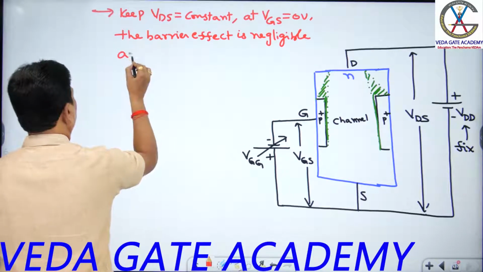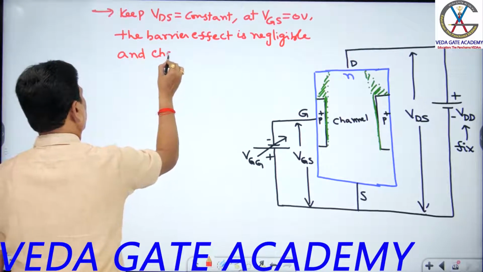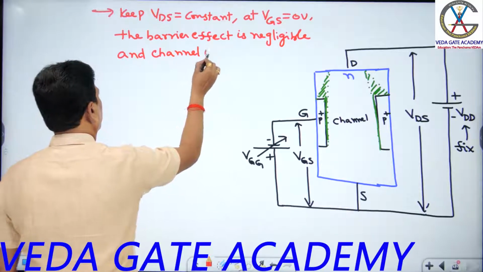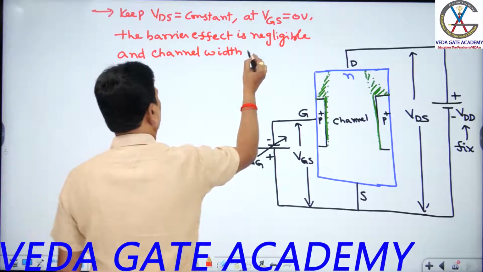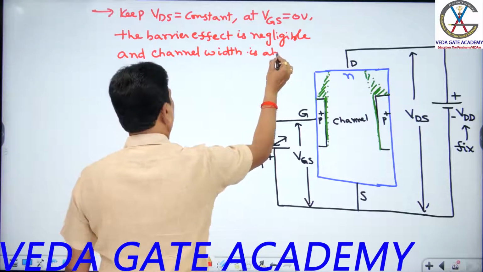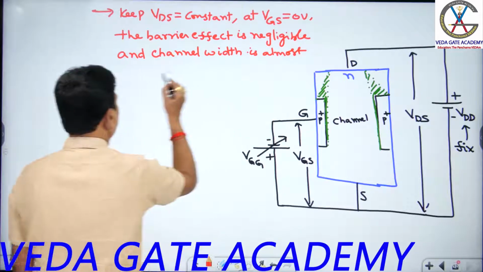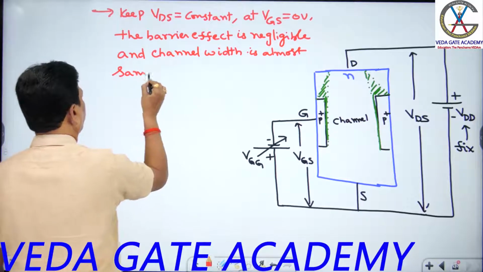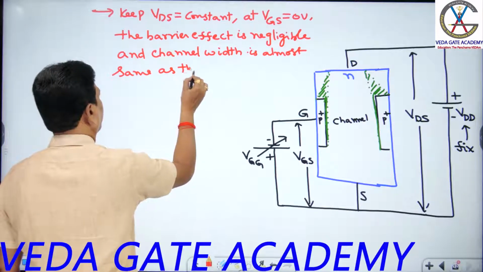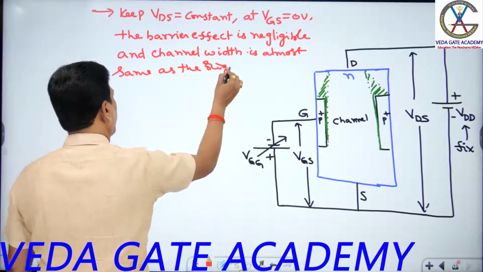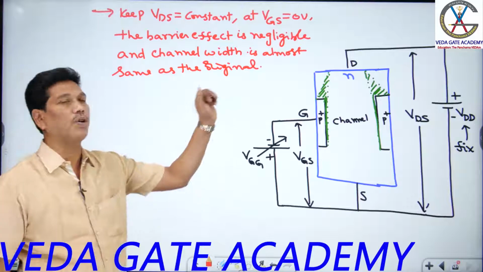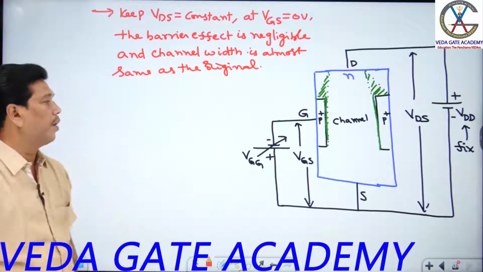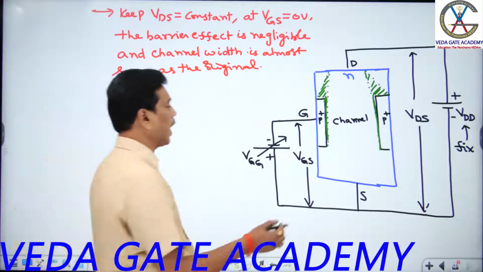And the channel width is almost the same as the original. So the original width is maintained as it is. So the channel width is almost the same as what, sir? Original, you can call. Understand, students? Now here the current carriers are electrons.